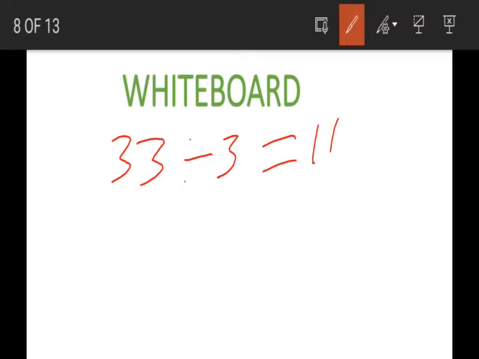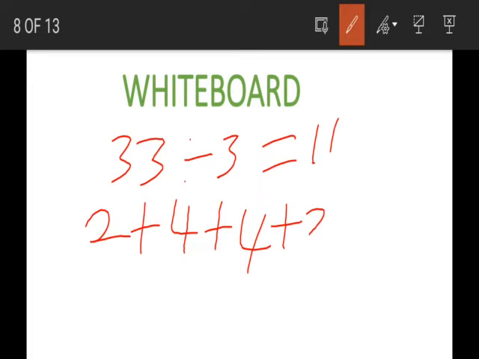Then let's add the other side. 2 plus 4 plus 4 again plus, we don't know the other one, x equals 11. Remember, all the numbers we are adding must give us 11. So 2 plus 4 is 6, plus this other 4, 10, plus something else, which is 1, to give you 11. So this x is 1. So that is it.